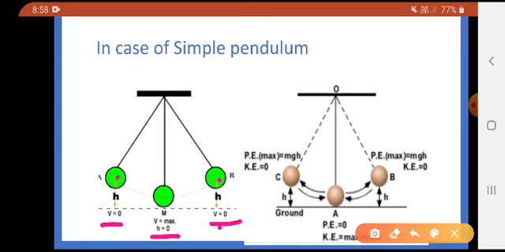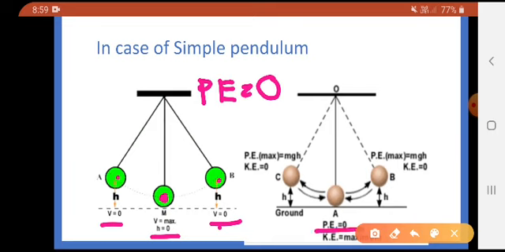So what is the potential energy at the middle point? Potential energy at the reference point is 0, because potential energy equals mgh, and h is 0 at the mean point, so its potential energy becomes 0.